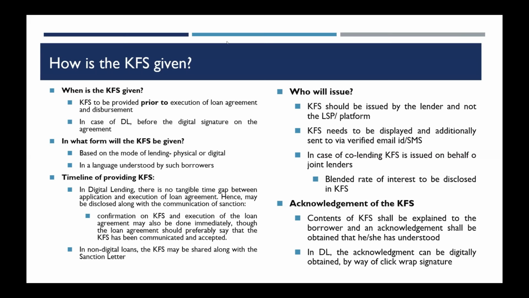And therefore, I think that's the only way to suitably accommodate a so-called CLM, a discretionary co-lending, in the format of KFS. Otherwise, it would be hard to give the name of the co-lender in the KFS itself. What would you think? Yeah, maybe that also can be a view that can be taken then.